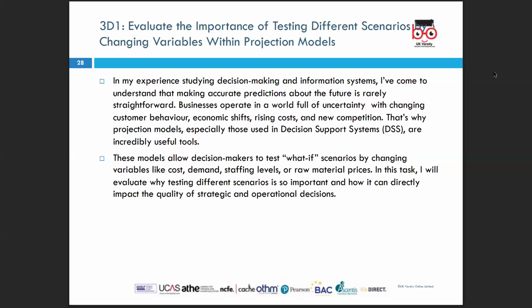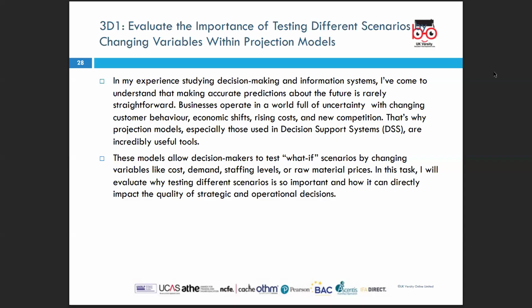Businesses operate in a world full of unpredictability and uncertainty, with changing customer behavior, economic shifts, rising costs, and new competitors. So that's why projection models, especially those used in decision support systems, are incredibly useful tools.